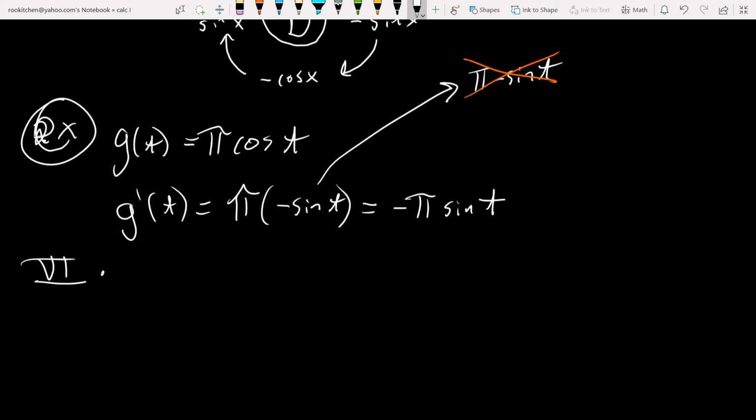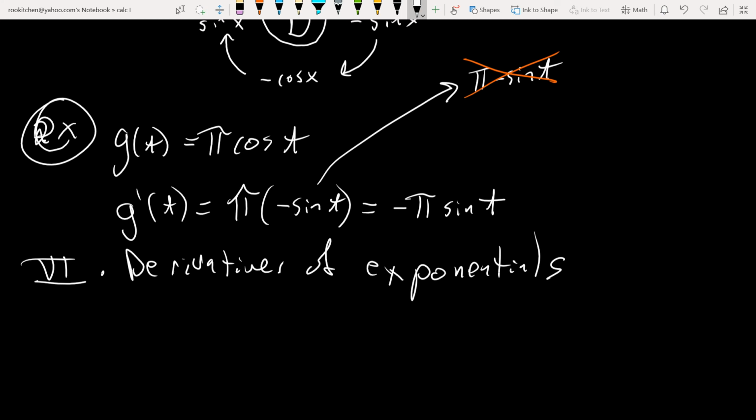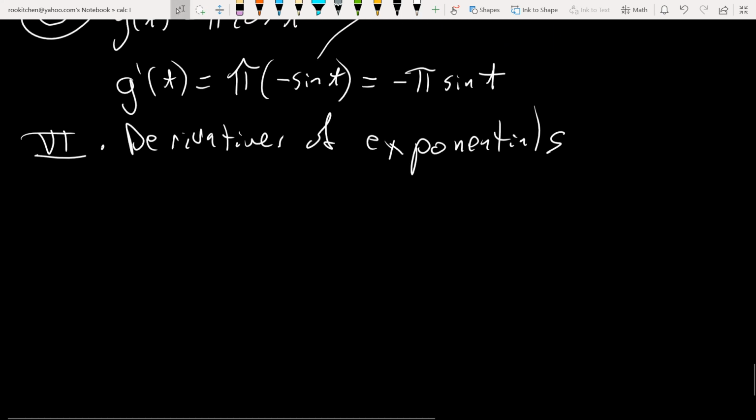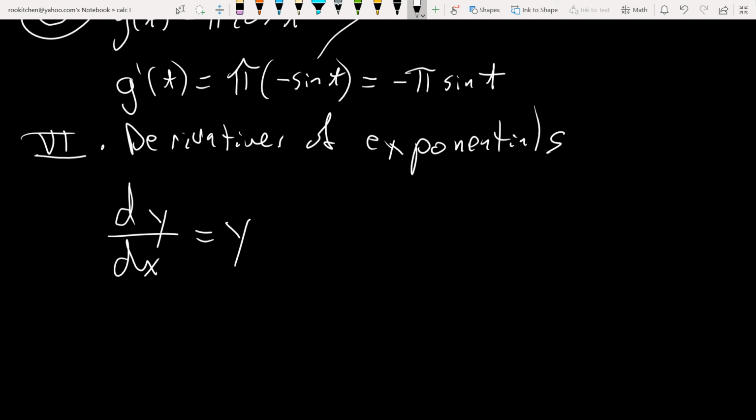Derivatives of exponentials. Okay, so eventually you're going to be working with these problems called differential equations. So you'll want to know things like what function exists such that when I take its derivative, I end up with the exact same thing.